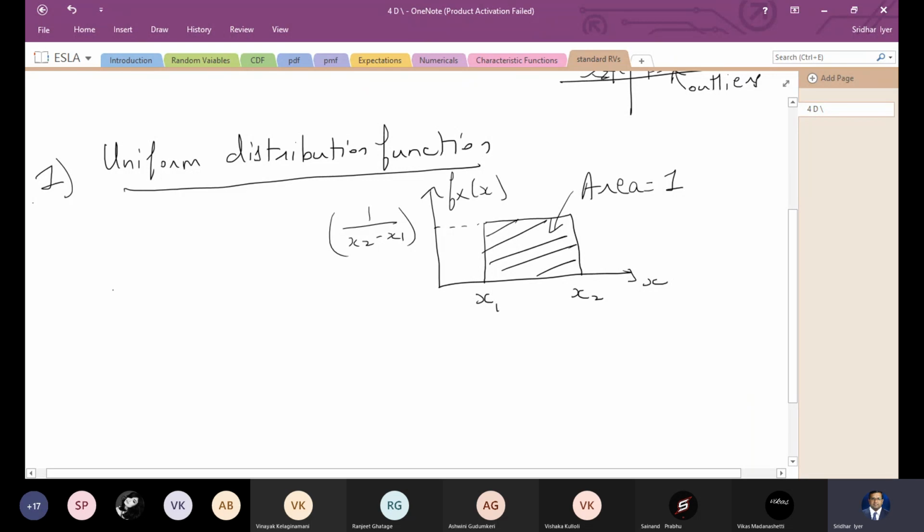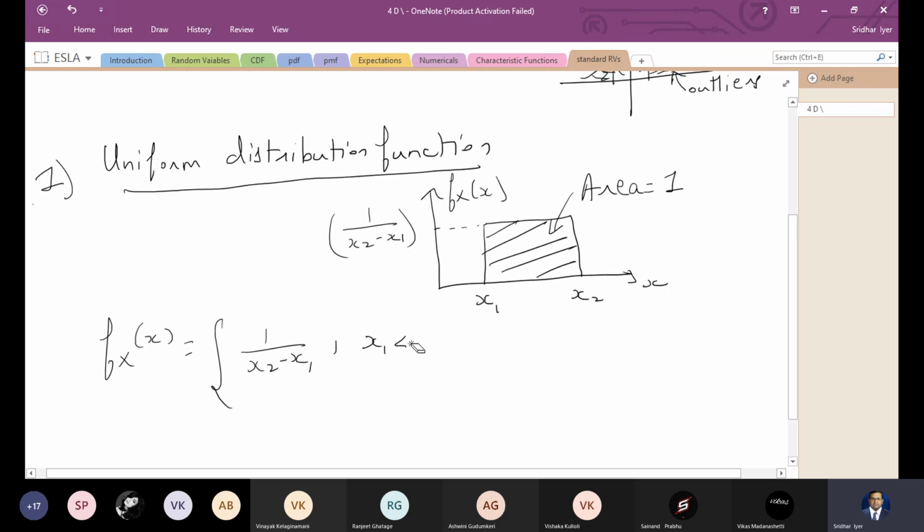So the PDF for this uniform random variable is defined as 1 by x2 minus x1 for x between x1 and x2, and it is 0 for all other values.